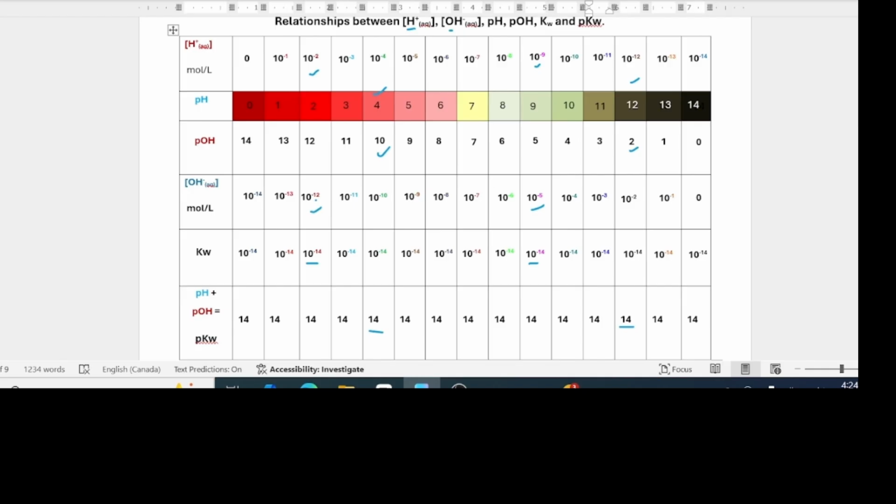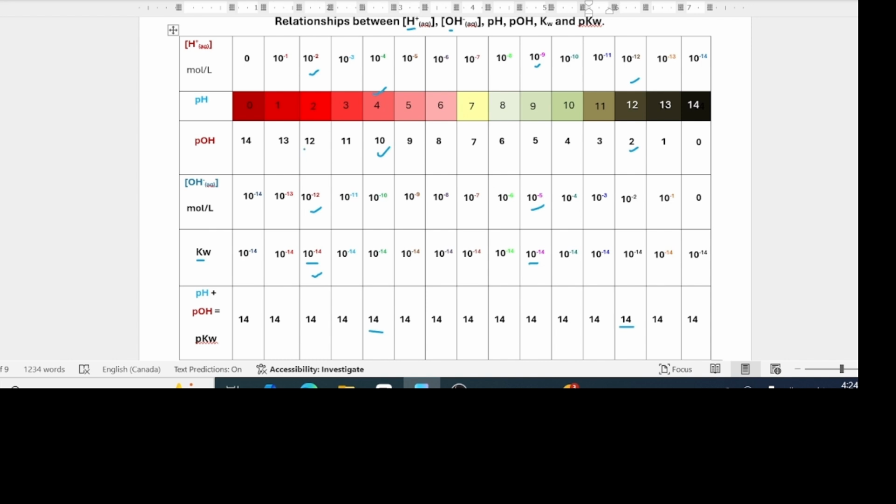If in another aqueous solution, the hydrogen ion concentration is equal to 10 to the negative 9 moles per liter, of course, its corresponding OH ion concentration will be 10 to the negative 5. However, in every case, the product of the hydrogen ion concentration and the OH ion concentration is always equal to 10 to the negative 14, which is the ionic product of water.